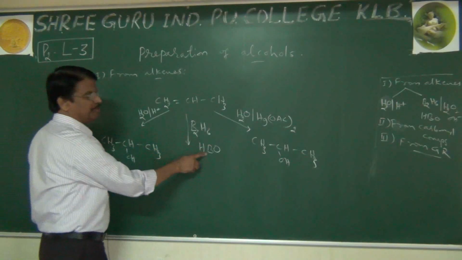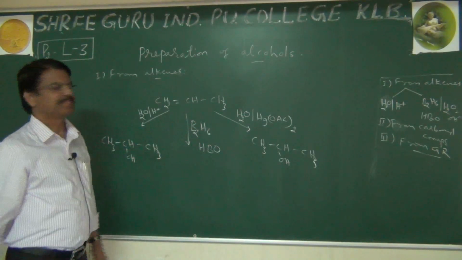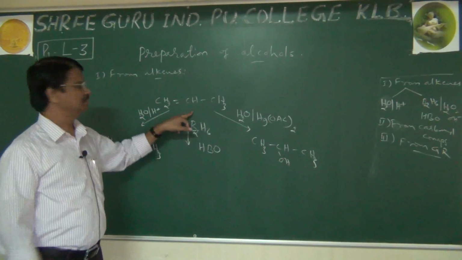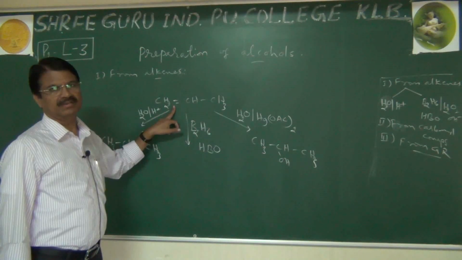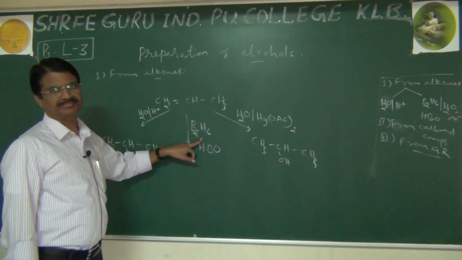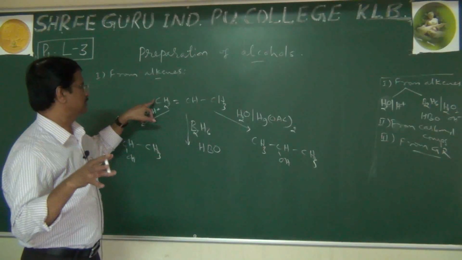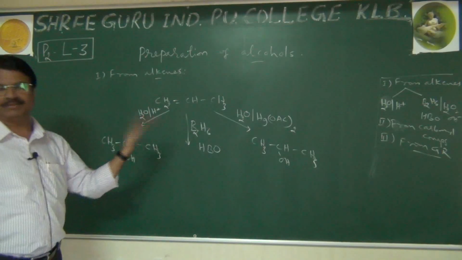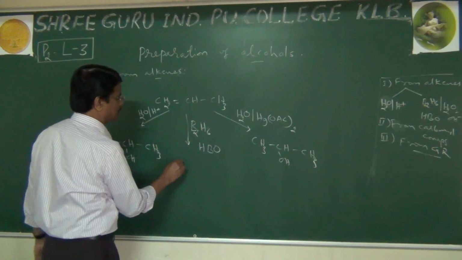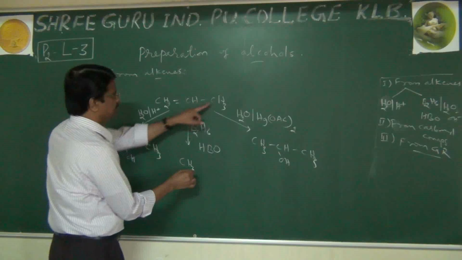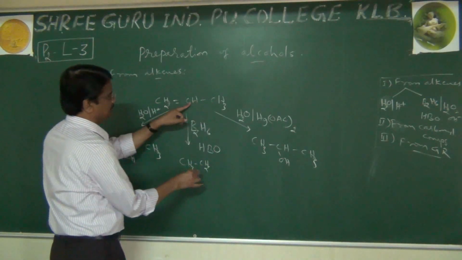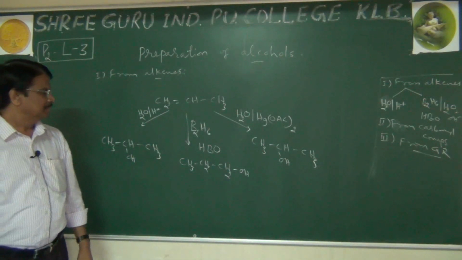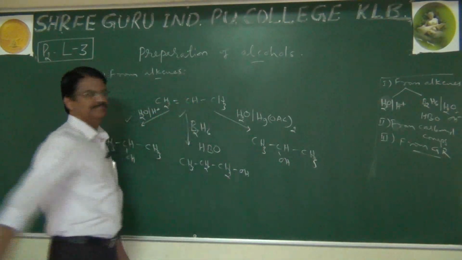But the hydroboration oxidation method follows anti-Markovnikov's rule. Here again water is added to the alkene molecule, and the OH group attacks the CH2, not the CH, so it follows anti-Markovnikov's rule. Therefore, we get the product CH3 CH2 CH2 OH.